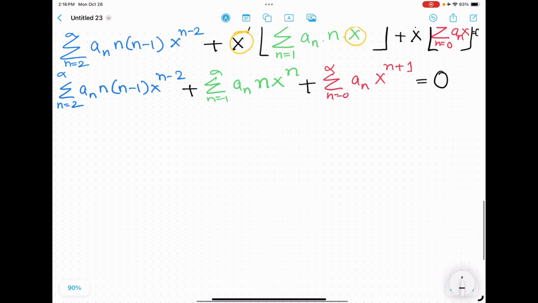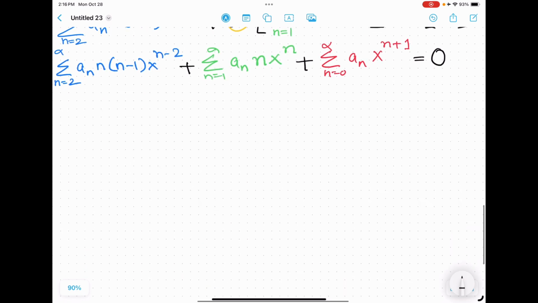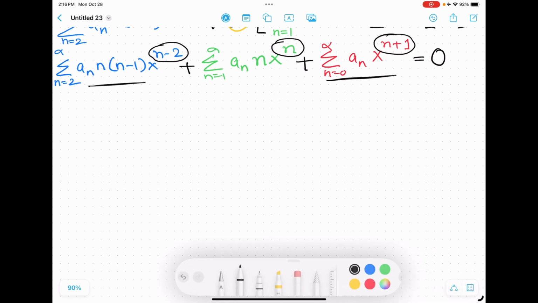Now we are moving on to our second step, which is to make sure that these powers of x are all n's. As we can see, our second power series already has the power n attached to its x, so the second one doesn't need to be transformed. We only need to transform the first power series and the third power series. So let's go ahead and do that.